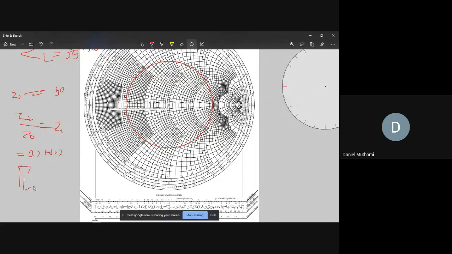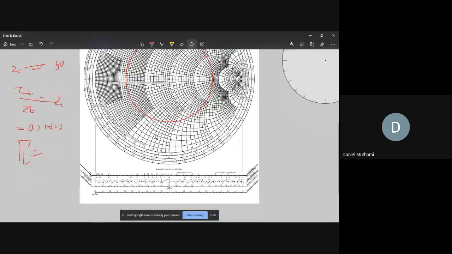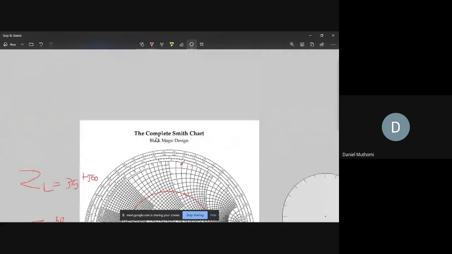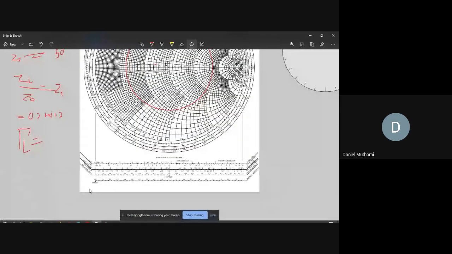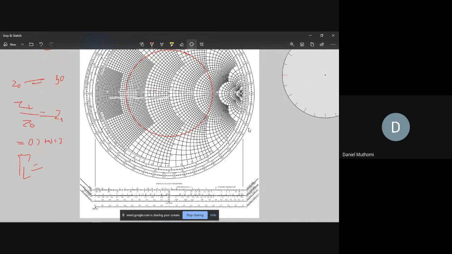For that, you take the radius of your constant circle, pick it, and read it off the scale down here, the very last scale. For this one it was about 0.6.